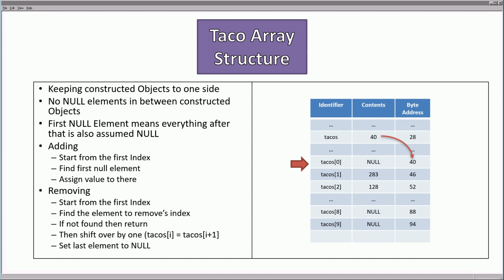But there is a bad problem with this. We cannot do this in this way because it breaks the rule for how we are structuring our data. If we were to assign this value to null right here, we have two constructed objects after it. Well, one of our rules is the first null element means everything after it has to be null. We can't remove an object in this way.